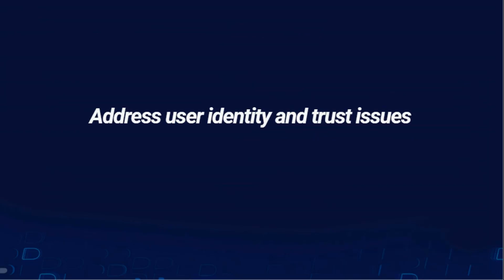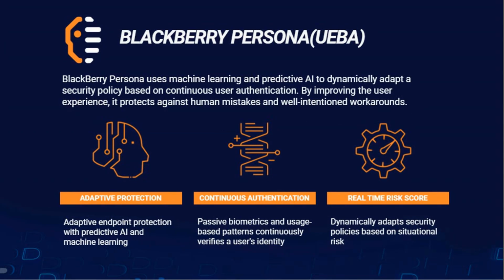Let's talk about the user identity and trust issue and how we help you address those. We have a powerful machine learning and predictive AI-based solution, BlackBerry Persona, that continuously authenticates your users on device. It uses passive biometrics and usage patterns.